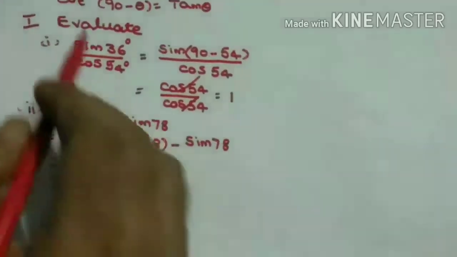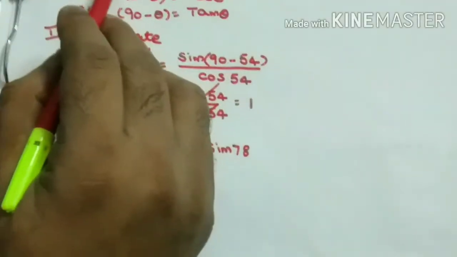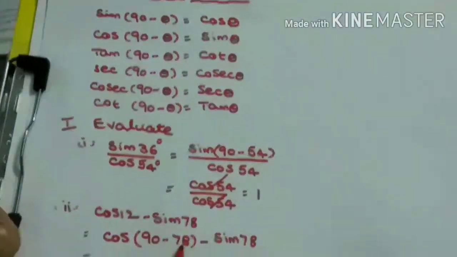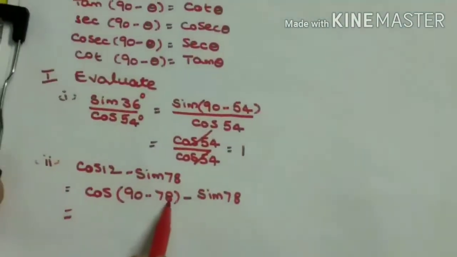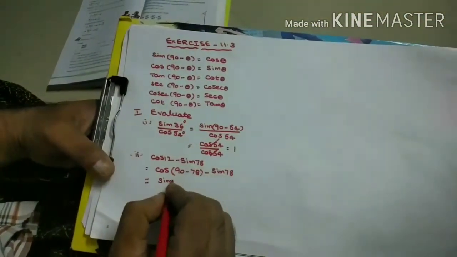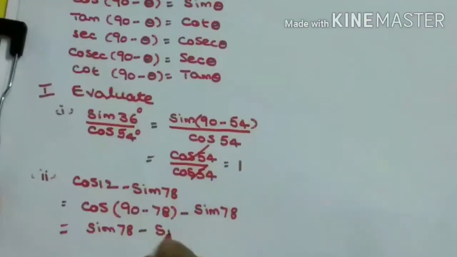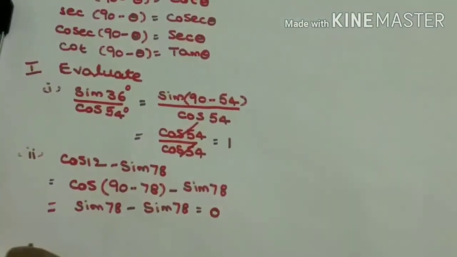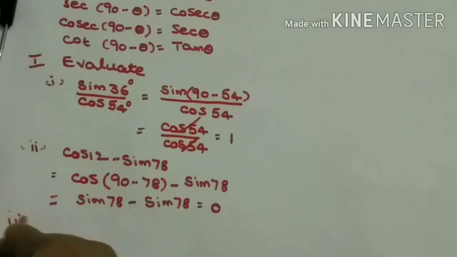Now the second formula: cos of 90 minus theta equals sin theta. Here theta is 78, so we write sin 78 minus sin 78. Answer will be 0.